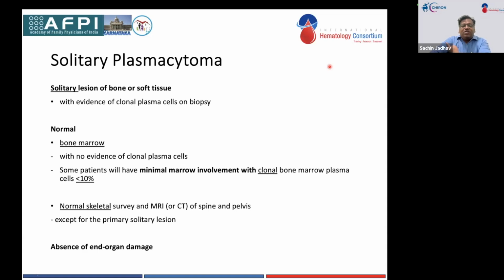But solitary plasmacytoma is only in one place. So why give chemo? We can just give radiation. That is why it's important to figure out, is it multiple myeloma? Is it solitary plasmacytoma? If it's multiple myeloma, I have to do chemotherapy because it's multiple, and then I have to do a bone marrow transplant. Solitary plasmacytoma, just irradiate, and for 2 to 3 years, the patient may not require any treatment.